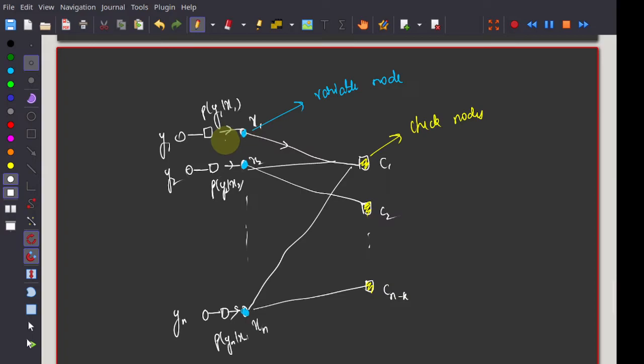What can you say about the variables corresponding to each of these edges? What are the local domains going to be?